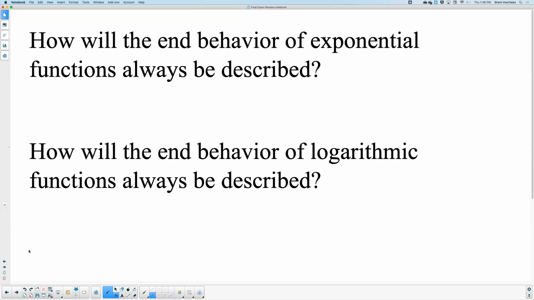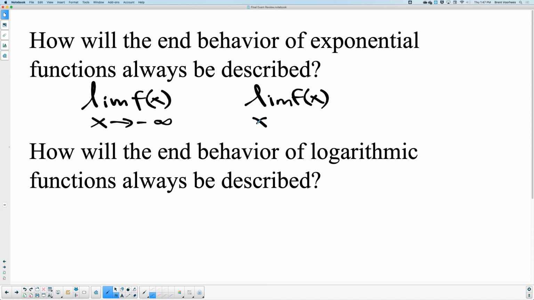So if it's all reals, that means one's a negative infinity, one's a positive infinity, because it's all reals.